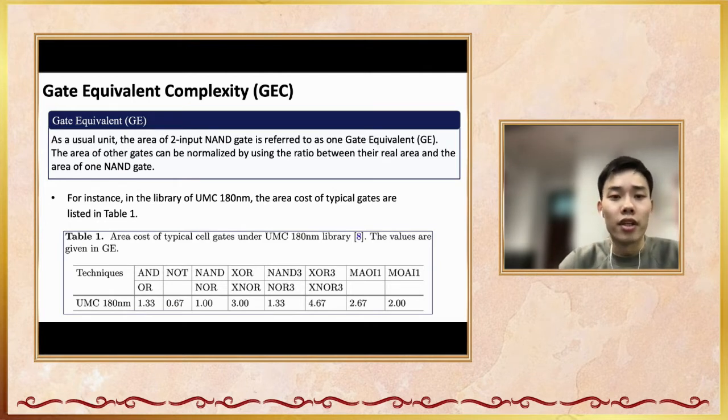In the library of UMC 180 nanometers, the area cost of typical gates are listed in table 1. In our work, we consider these 2, 3, and 4 input gates. The complex gates with multiple inputs can save the area significantly.